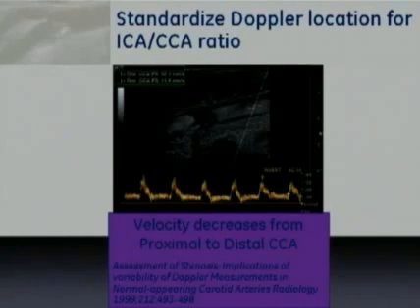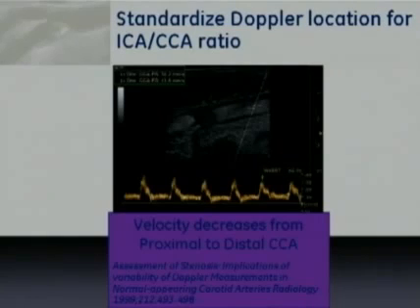And so when follow-up patients would come to the lab, they may have a different ratio, maybe 2 or it may be 4, and it's not due to progression or regression of disease. It was really due to which sonographer performed the study and where they obtained the CCA waveform.